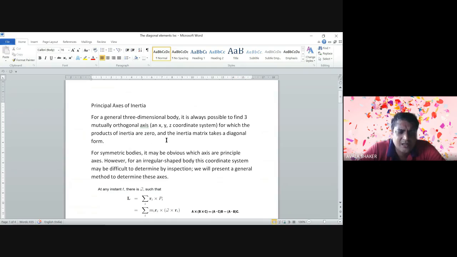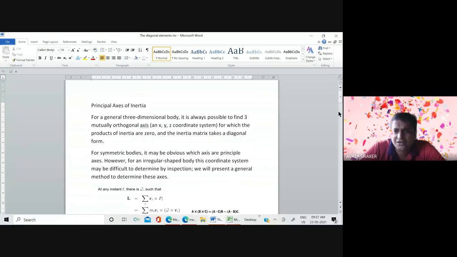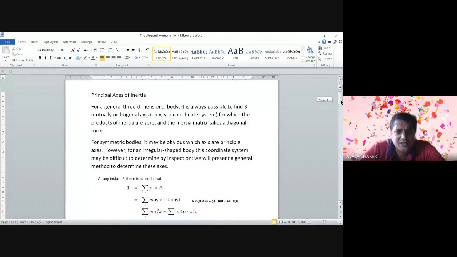We have already done this in your 12th standard. We have found for symmetric bodies the moment of inertia around the center of mass, and then we have used the parallel axis theorem, the perpendicular axis theorem, right? So for symmetric bodies, it may be obvious which are the principal axes, but for irregular shaped bodies, their coordinate system may be difficult to determine.